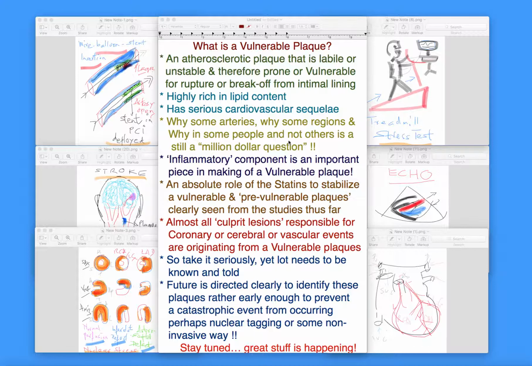And even an angiogram, which is an invasive test, as we know, also does not identify the vulnerable plaque. So what will identify a vulnerable plaque? Well, that remains to be seen, because that's where the future of cardiology is heading now. We are looking at some way of tagging, quote unquote, non-invasively in a nuclear fashion, where a radioisotope can go and tag that particular plaque, if you will, and it has to be a lipid-rich plaque.